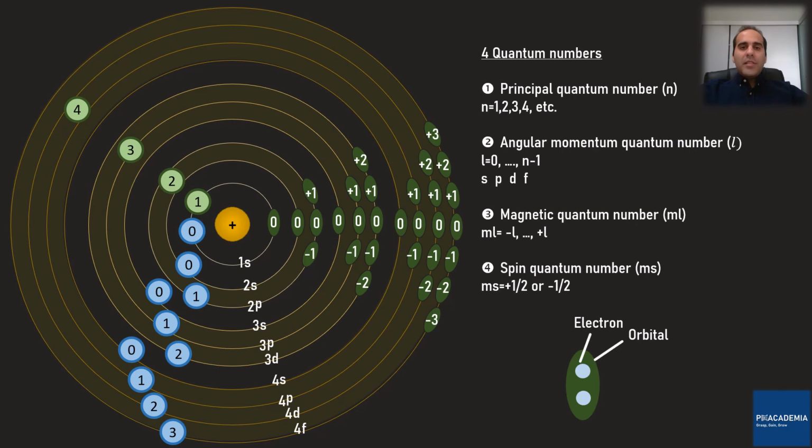If the electron spins in this direction, ms is positive half, and if it spins in the opposite direction, ms is negative half. You can imagine orbitals as high probability clouds that can hold 2 electrons. The only condition is that the electrons must spin in the opposite directions.